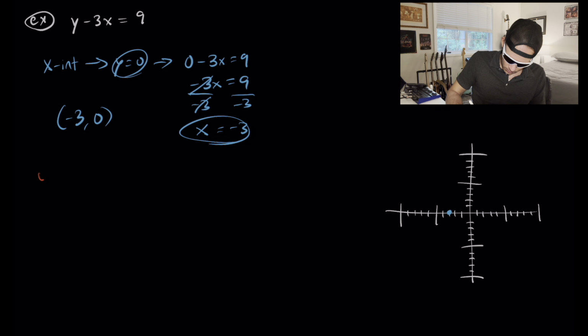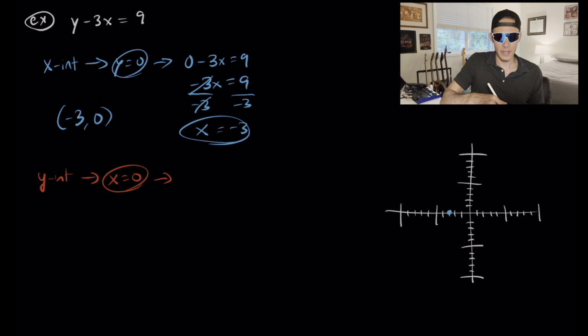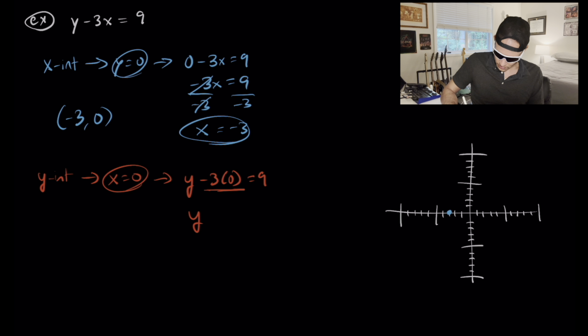All right, the y-intercept, same thing, just kind of backwards. We know that y-intercepts have an x-coordinate that is 0. So x is equal to 0 here, and we're going to plug that in for x into the equation. So we'll get y minus 3 times 0 equals 9. -3 times 0 is 0, so we'll have y plus 0.